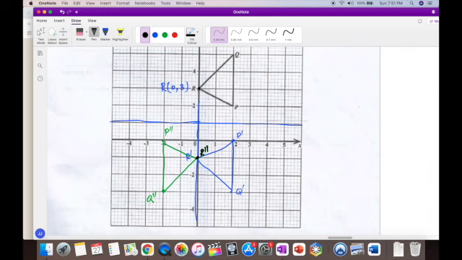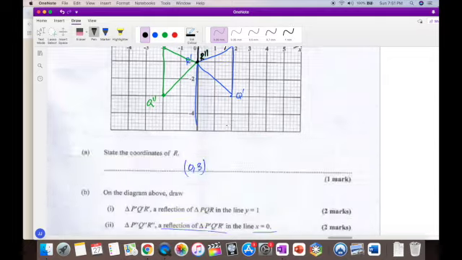Yeah, and we draw a line from there to there, and we could see that the midpoint of that line is that. So we could tell that to get from R double prime to R, we would need to rotate anti-clockwise about 180 degrees.